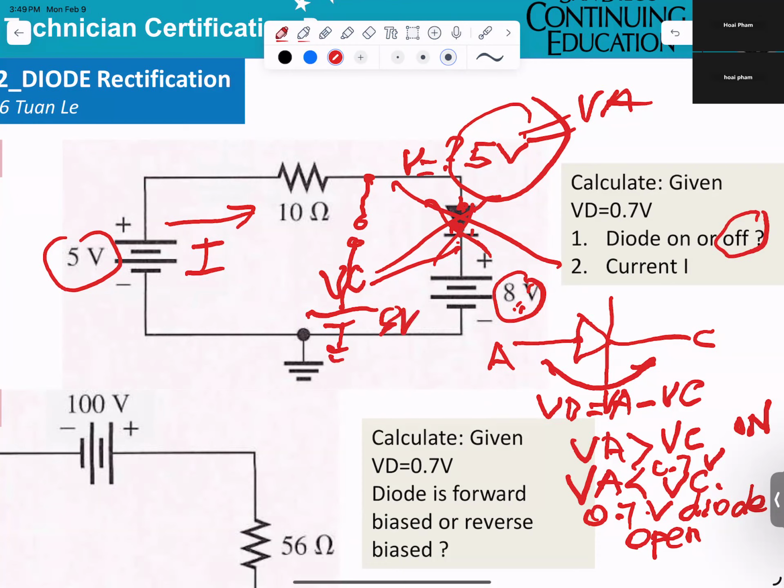If it's open, no current flows. Correct? That means the current from 5 volt goes up to here. Open. So that means current equals 0.